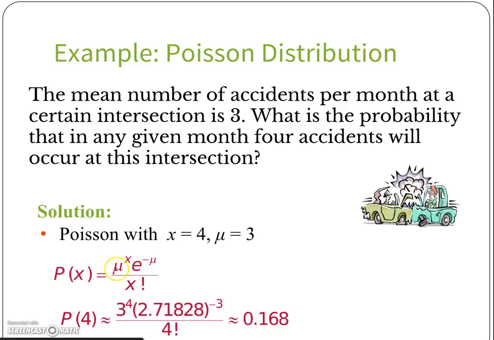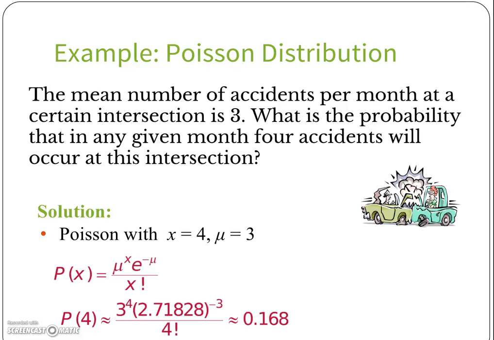So I have my mean is 3, my x is 4, e is about 2.7. Feel free to use the e button. To the negative mu, which is our mean, which is 3, divided by x factorial. In this case, x is 4 factorial. So please follow along and make sure you can type this into your calculator correctly. Divide by 4 factorial to get about 0.168.